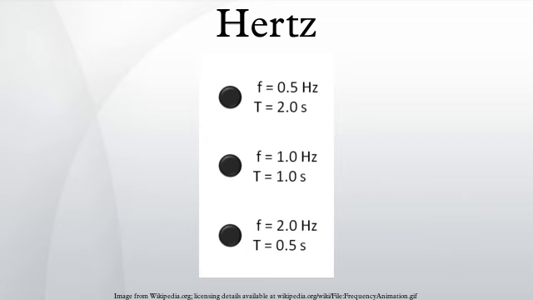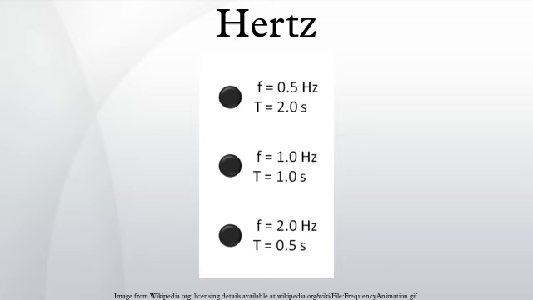Electromagnetic radiation. Electromagnetic radiation is often described by its frequency, the number of oscillations of the perpendicular electric and magnetic fields per second, expressed in hertz. Radio frequency radiation is usually measured in kilohertz, megahertz, or gigahertz.